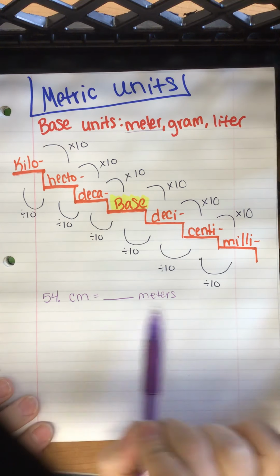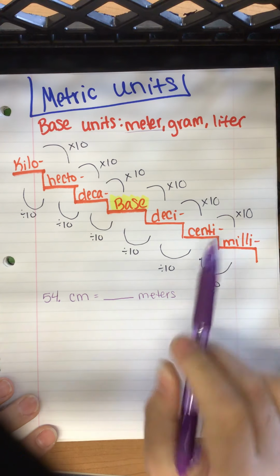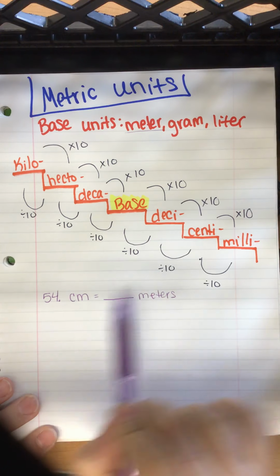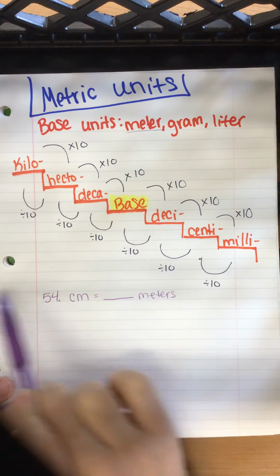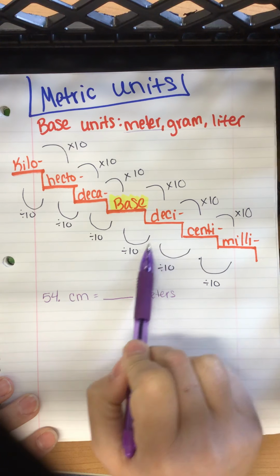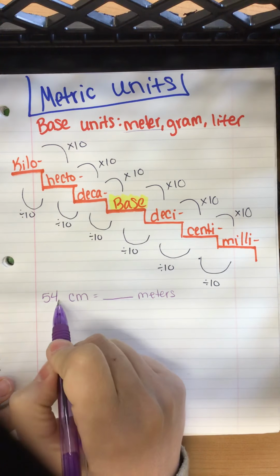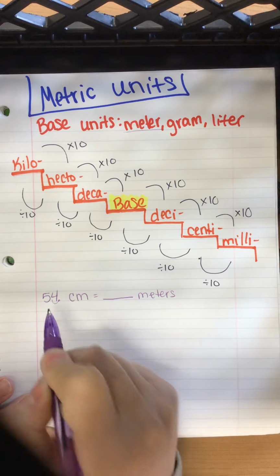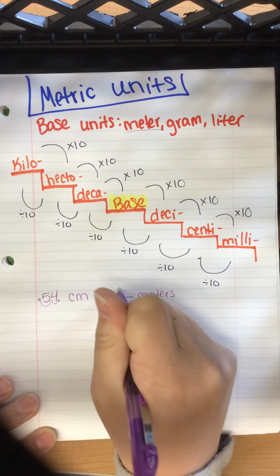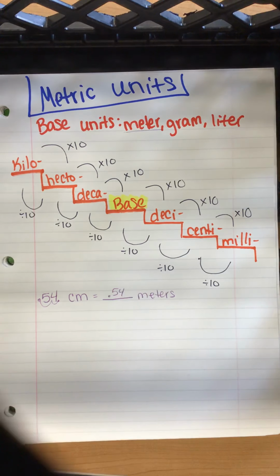And if we want to find out what it is in meters, we're going to go from centimeters, we have to move our decimal point this way, 1 time, 2 times. And you're going to have 0.54 meters.